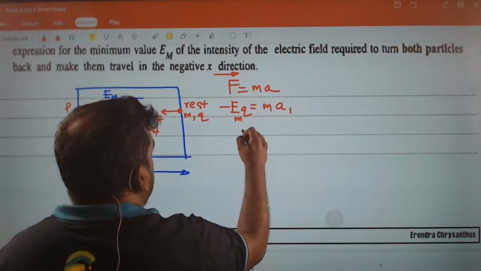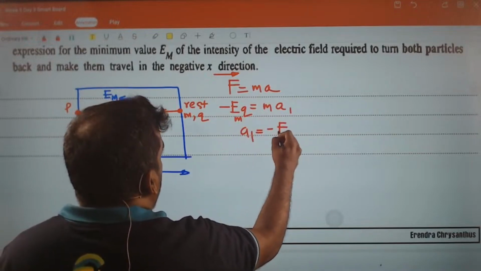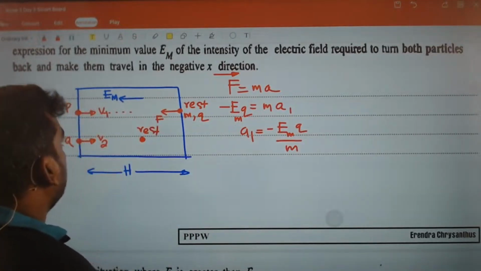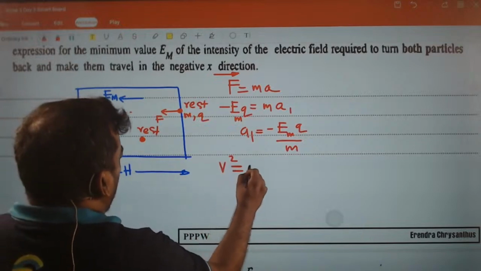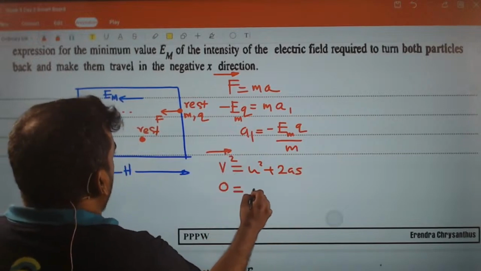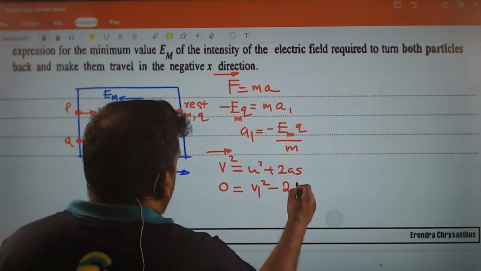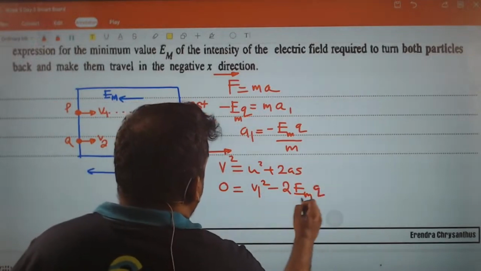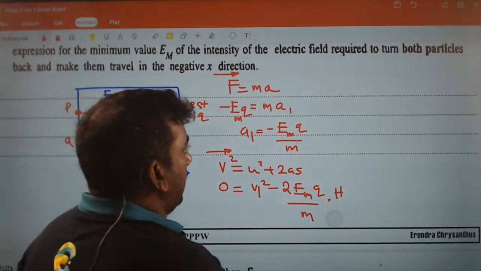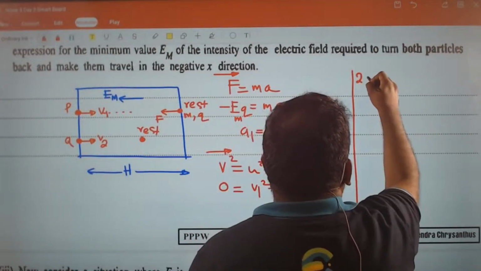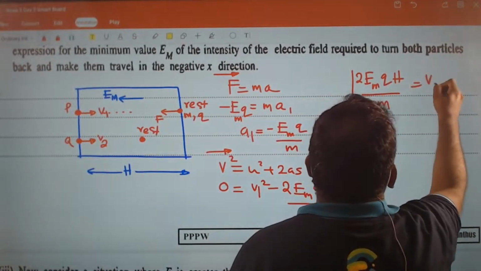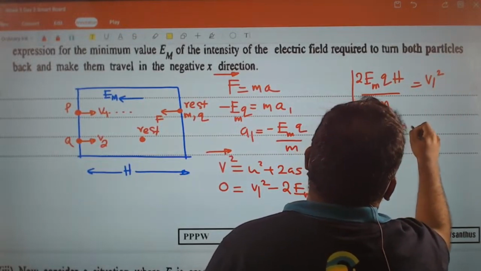Mass times acceleration a1 is equal to minus E minimum q over m. v squared equals u squared plus 2as: final velocity 0, initial V1 squared, 2 times acceleration minus E minimum q divided by m, distance h. Take it to the other side and simplify.